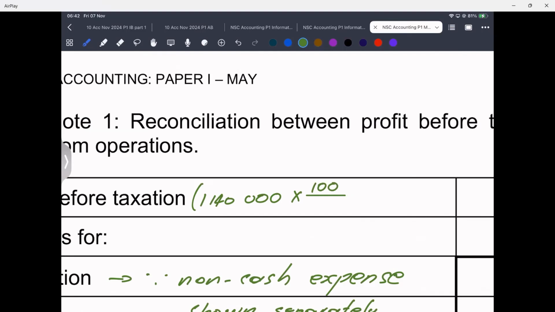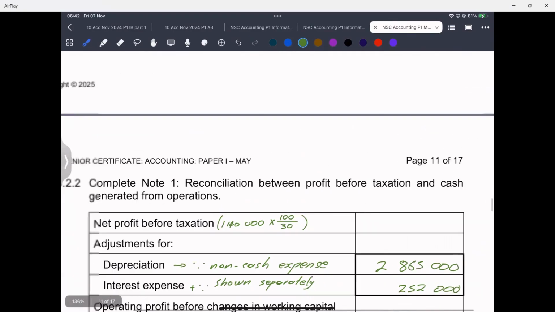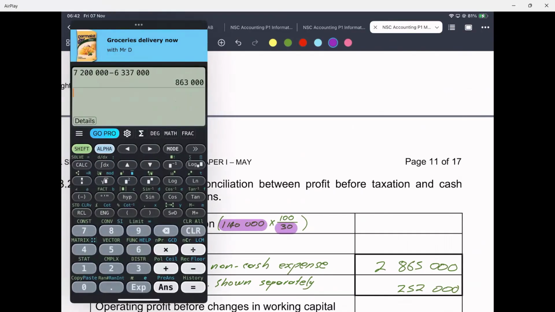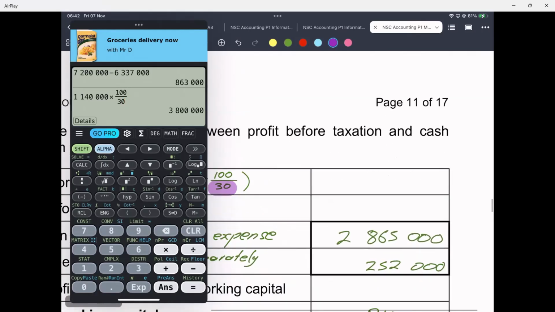I will just divide all of this by 30%. This will give me my profit before tax. You always multiply by what you want and divide by what you've got. I've got the 30% and I want the 100%, which is my profit before tax. Let's see how much it gives us. It gives us 3,800,000.